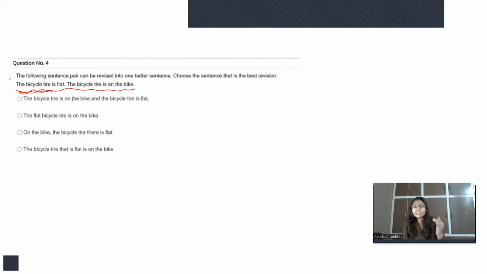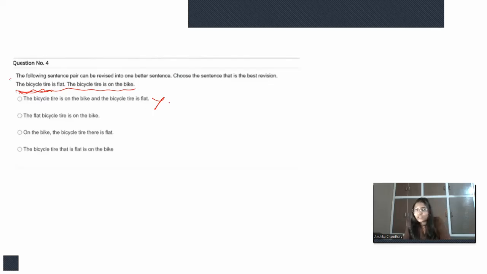So the noun is the bicycle tire, and accordingly we need to convert it into the best version. Okay, let's see the options. The bicycle tire is on the bike and the bicycle tire is flat. So again and again, same thing, the bicycle tire, the bicycle tire. So this option will be eliminated because that's what we don't want, using it again and again.